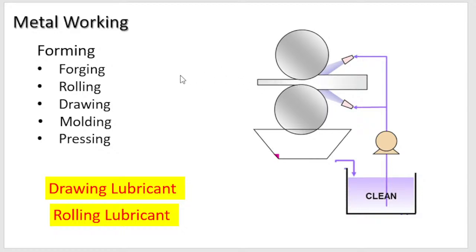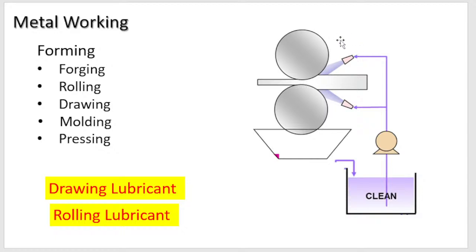Think of it like a rubber band, in a way. Something similar happens with metal, so it stretches out. Drawing is most commonly used in making wires, whether electric wires or different types of wires.